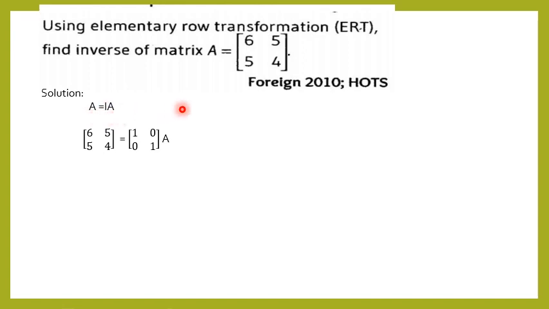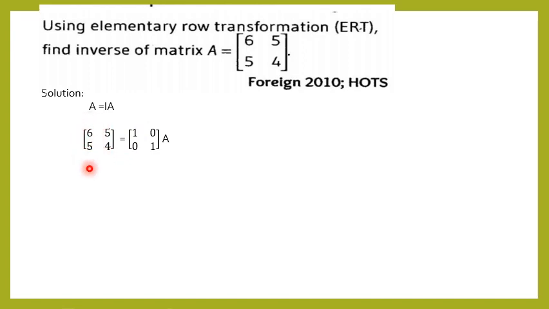So to find the inverse of a matrix, first we need to write A equals IA, where I means identity matrix. Then we need to apply a sequence of elementary row transformations. So here the matrix A is given, a 2 by 2 matrix.